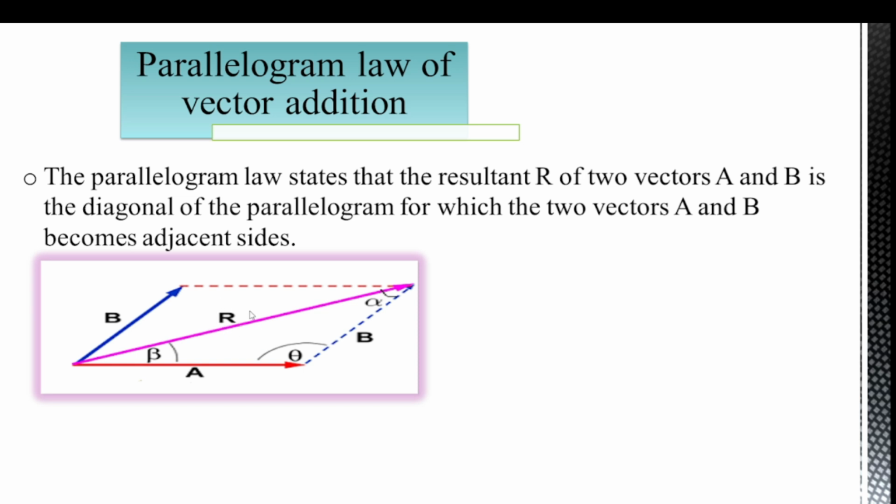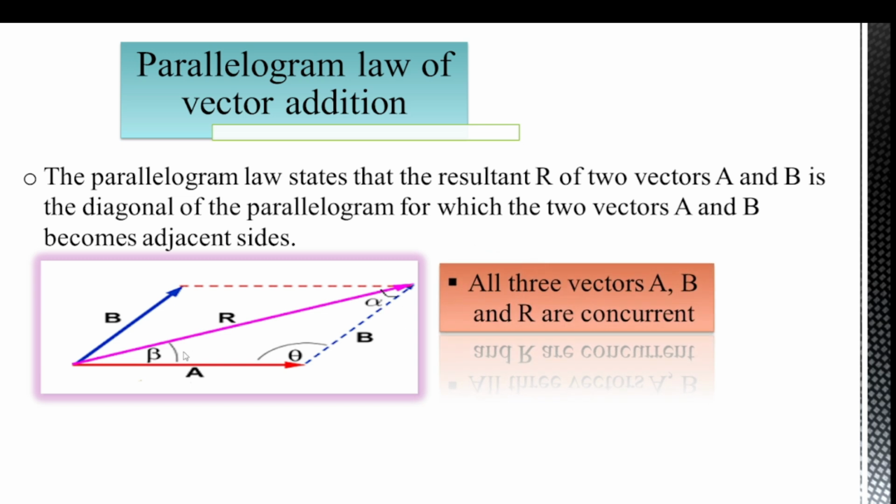But you may ask yourself how we can find the value of the resultant vector of vector A and vector B. Great. Look, this is angle beta, this is angle theta, this is angle alpha. Let it be. Great. So look, all three vectors, vector A, vector B, and vector R, are concurrent.